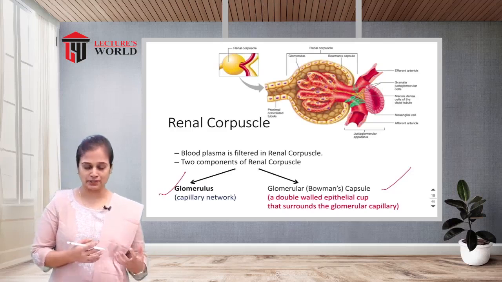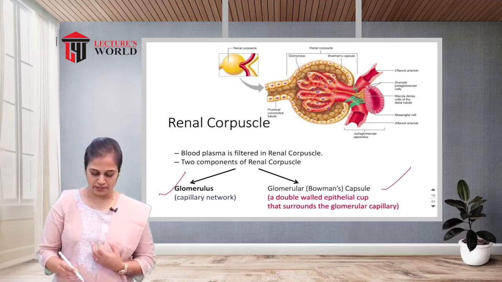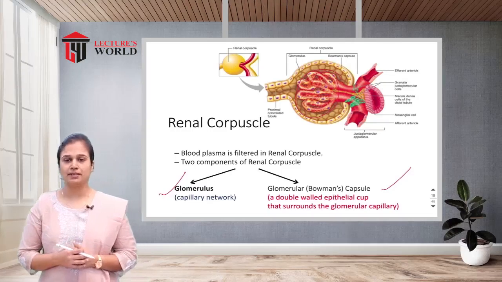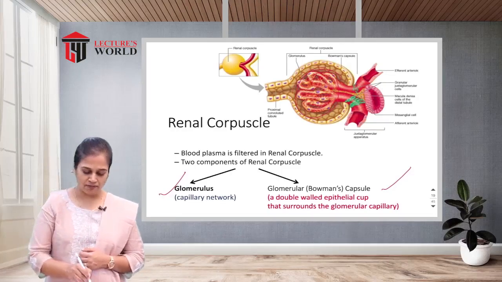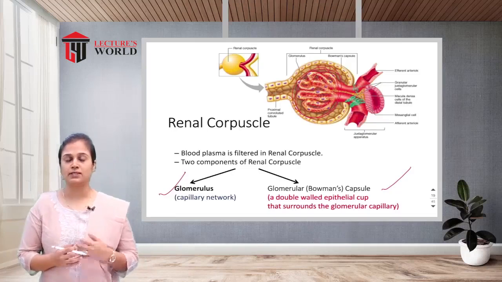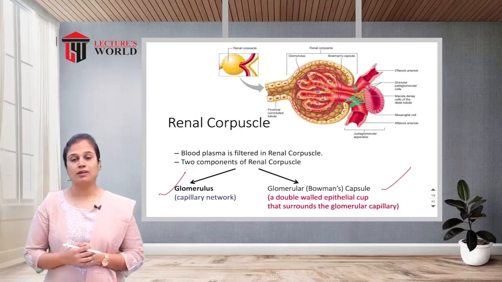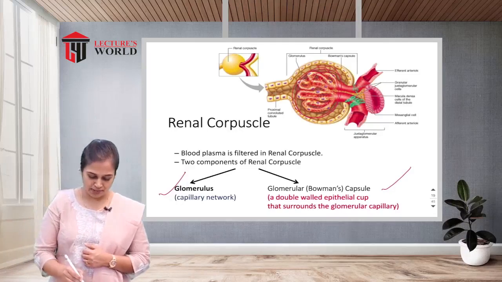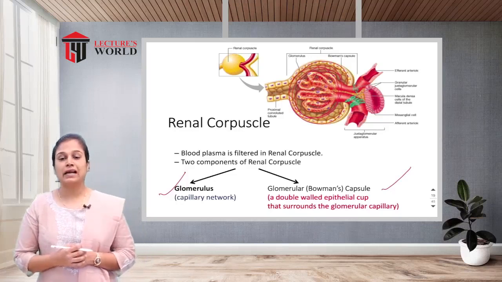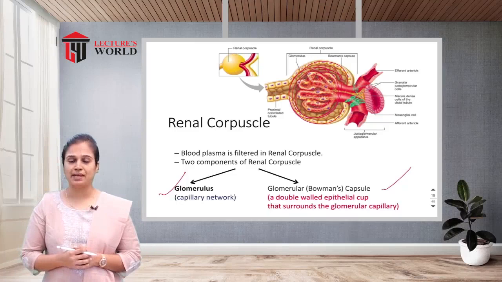The glomerulus is a network of capillaries, whereas the glomerular capsule, or Bowman's capsule, is a double wall epithelial cup that surrounds the glomerular capillaries.